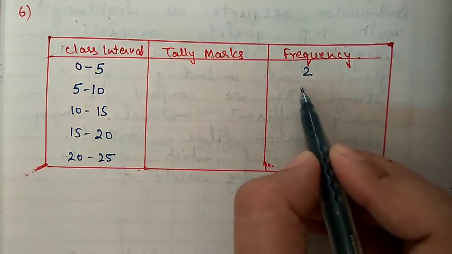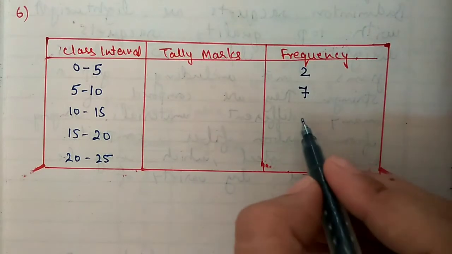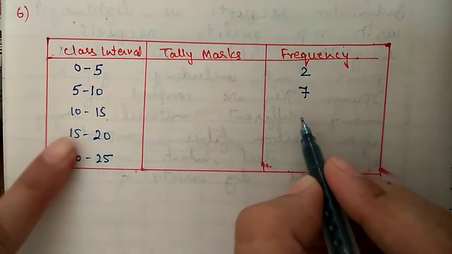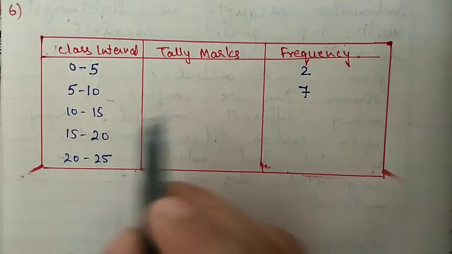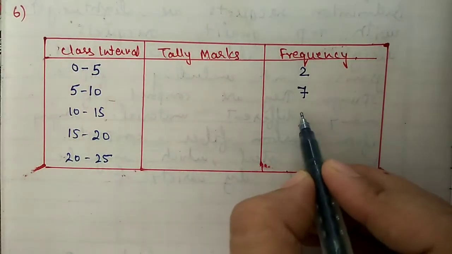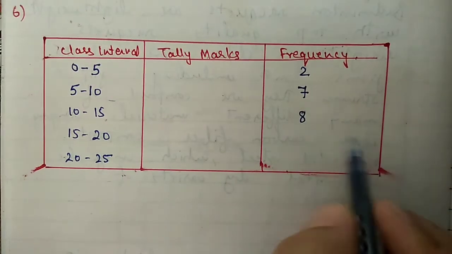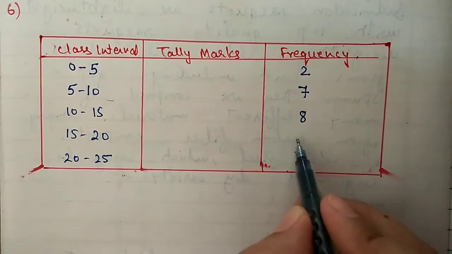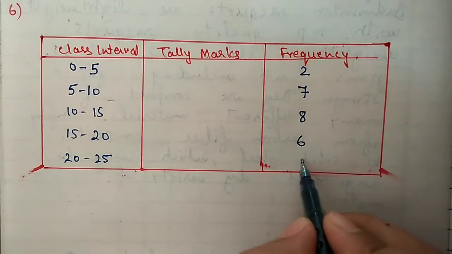If you count, you have a total of 7 numbers from 6 to 10. Then 11 to 15. 10 to 15 means we have to count 10 at one place only. So 11 to 15 we have 8. Then 16 to 20 we have 6 and 20 to 25 we have 2.